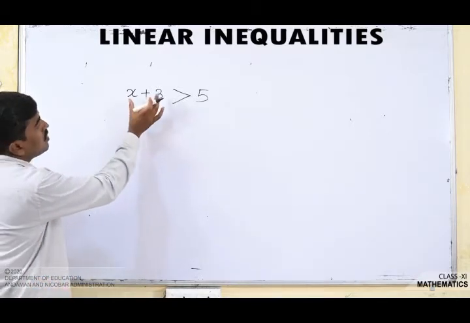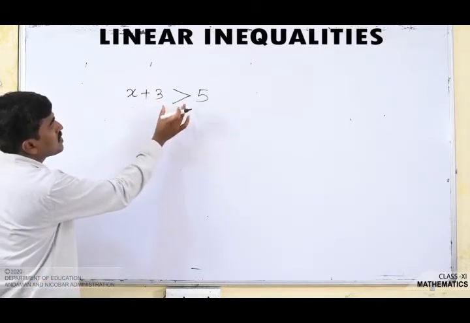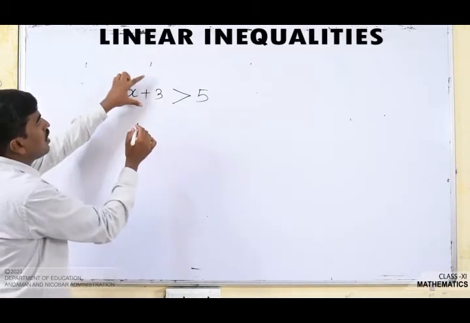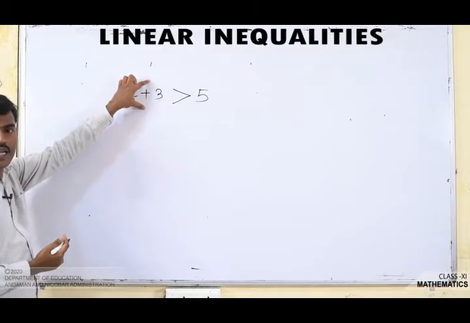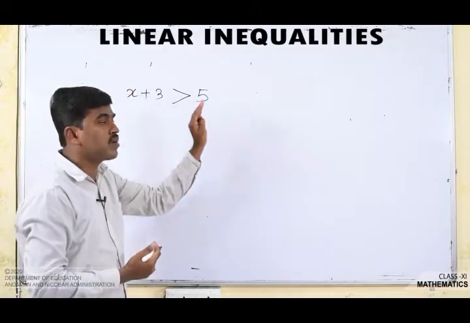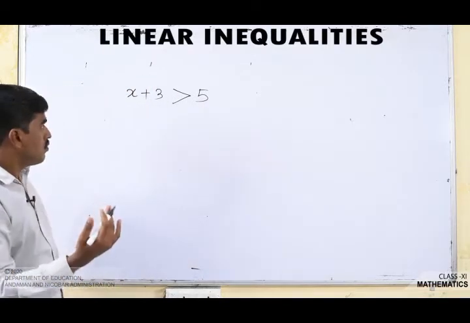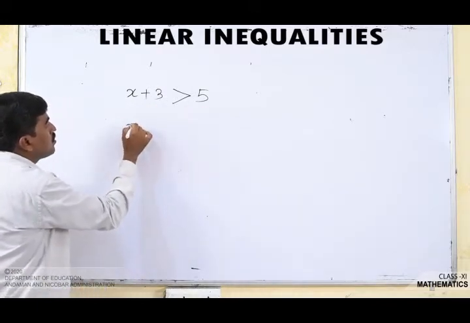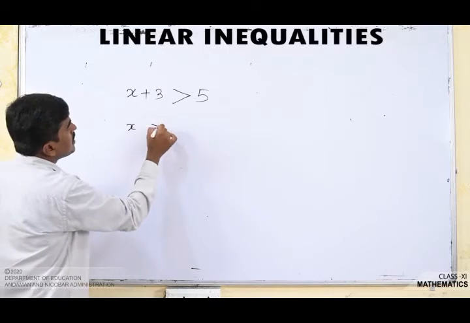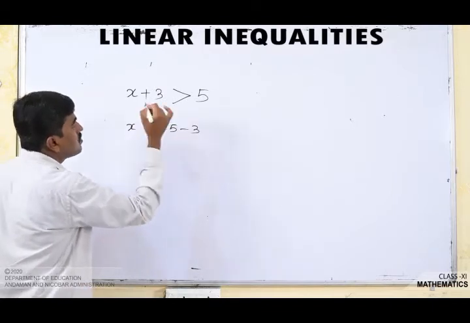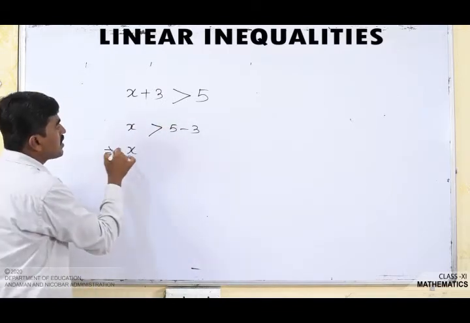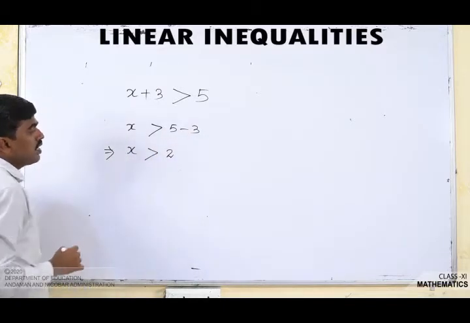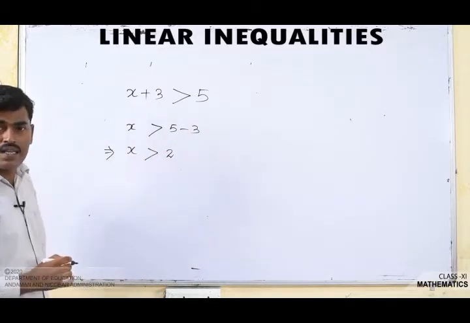As per the rule, we can subtract 3 from both sides, so we can directly take this 3 to that side. So x is greater than 5 minus 3, that is 2. So here the solution is x is greater than 2.